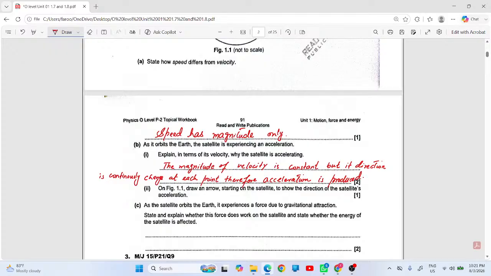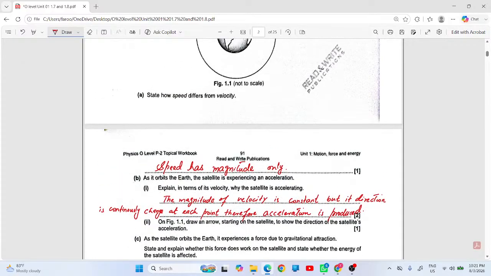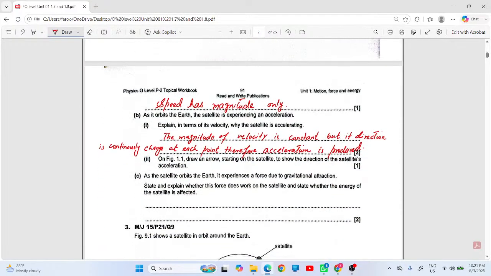Next: on figure 1.1, draw an arrow starting on the satellite to show the direction of the satellite's acceleration. The direction of satellite acceleration is towards the center of the planet. This is called centripetal acceleration. And force is also towards the center of the planet. This is called the centripetal force.